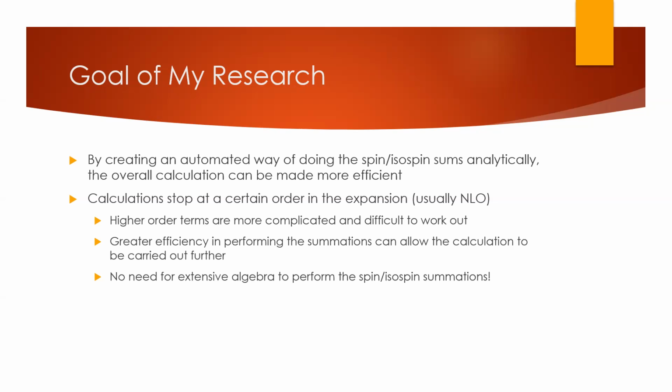Through this, hopefully the overall calculation can be made much more efficient, much quicker. And I'll be doing that by building a set of tools to do a very large number of symbolic and matrix algebra calculations quickly in order to analytically treat all of these different possible interactions over the different spin and isospin states.